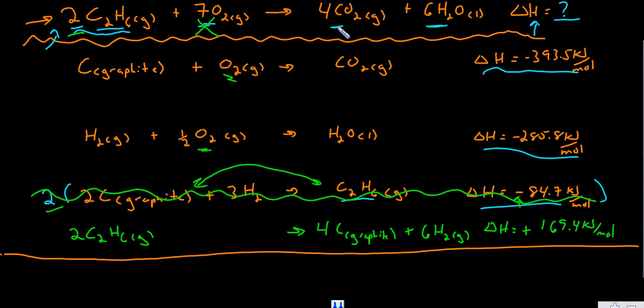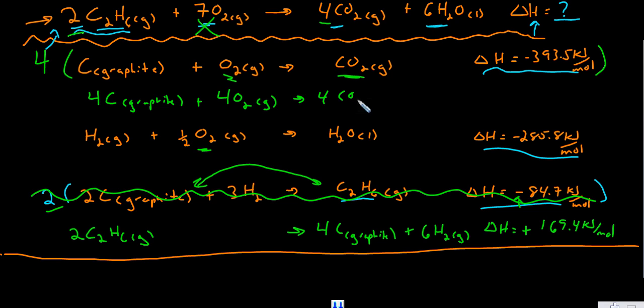So let's move on to CO2. We need 4 CO2s on the right. You see currently we have 1 CO2 on the right, so we need to multiply this whole reaction by 4. That will give us 4 carbons in graphite form plus 4 O2s in gaseous form gives 4 carbon dioxides in gaseous form as our product.